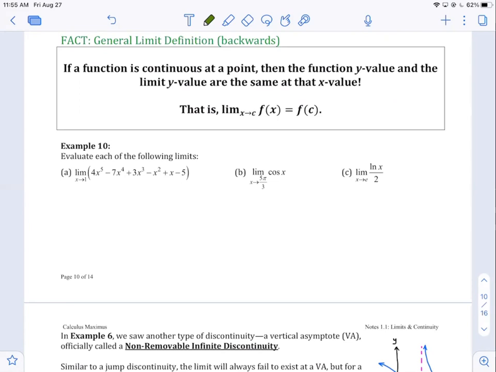Now, why is that important? Well, in calculus, you're probably going to be asked to evaluate a limit, whereas in algebra 2, you were asked to evaluate a function. If the function's continuous at the point in question, it's really the same question. So on example 10, it says evaluate each of the following limits.